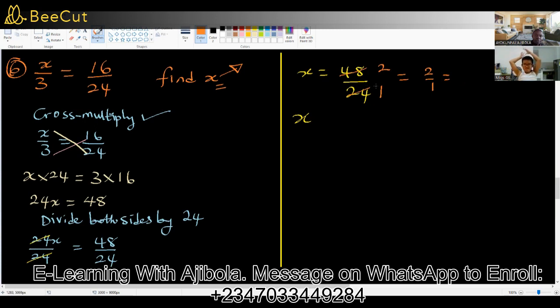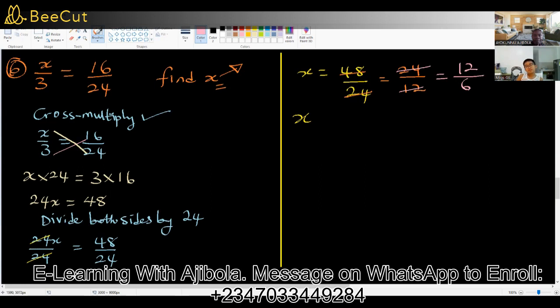But if you can't divide it straight away, let's cut it down bit by bit. If you divide this by 2, you have 12. If you divide this by 2, you have 24. Is that clear? And if you divide this by 2, you have 6. If you divide this by 2, you have 12.